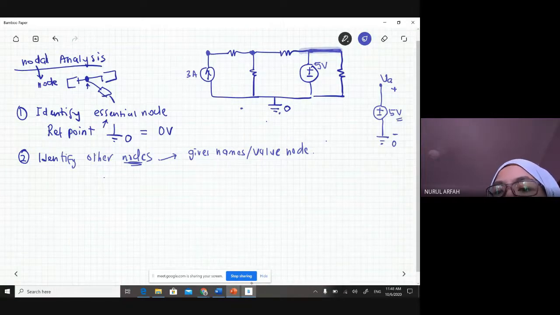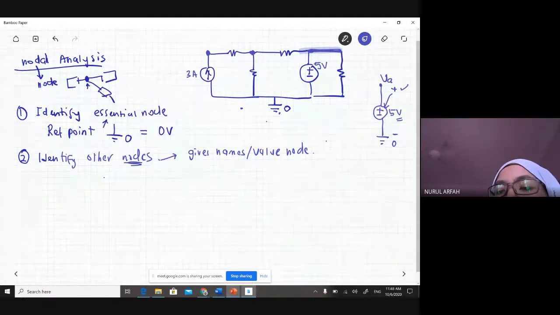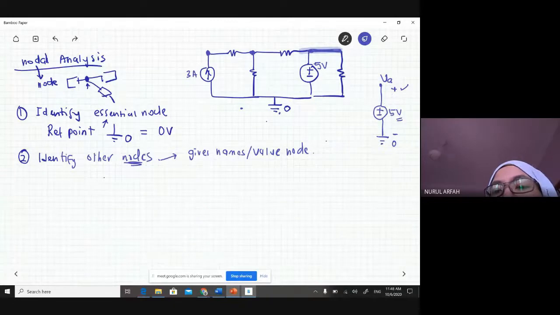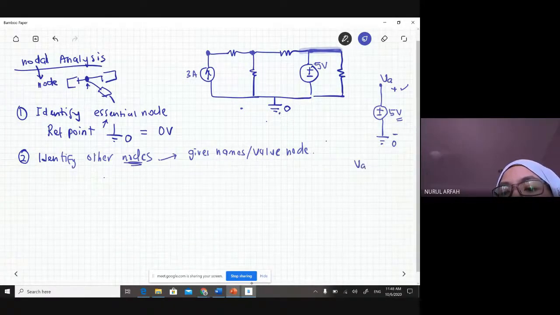How do I know this is the higher polarity? Because I just look at the positive and the negative sign there. That's the most common for our voltage source or active element. So VA minus 0 equals the value of this voltage source, which is 5 volt. Then VA is equal to 5 volts.